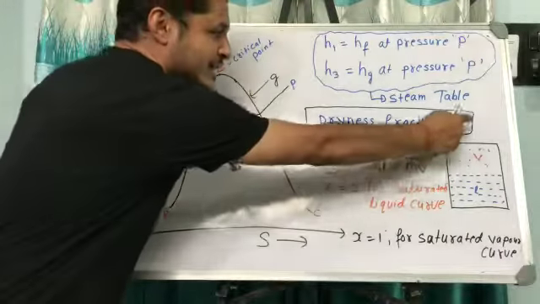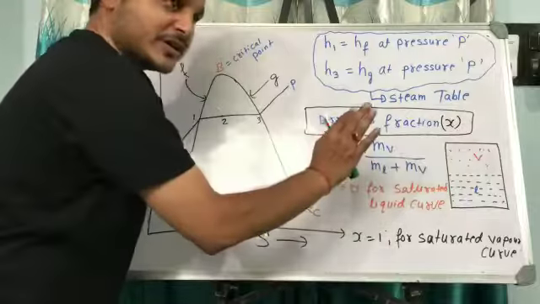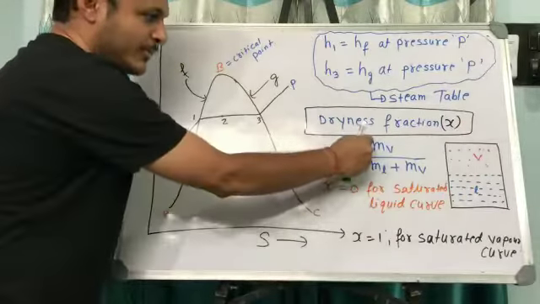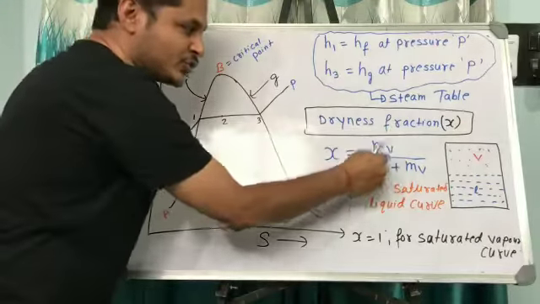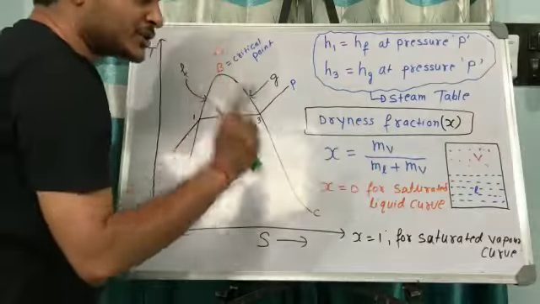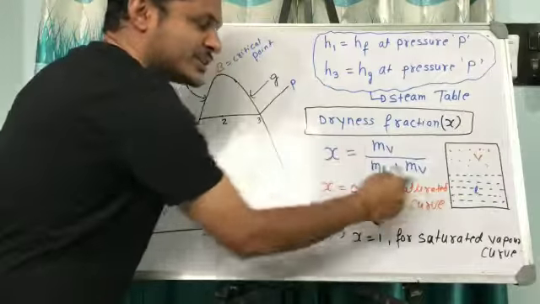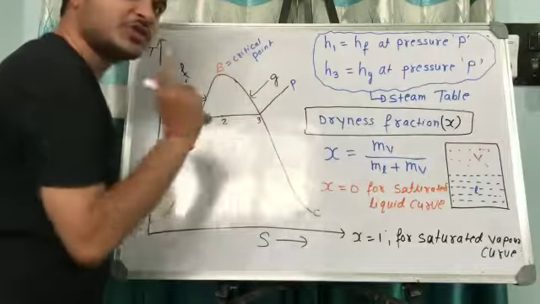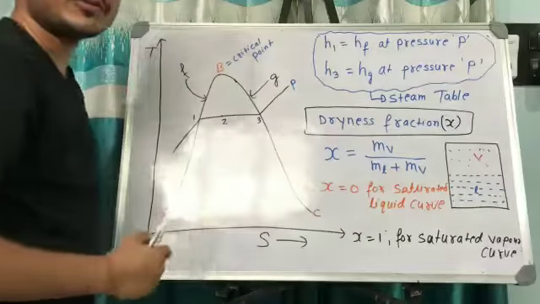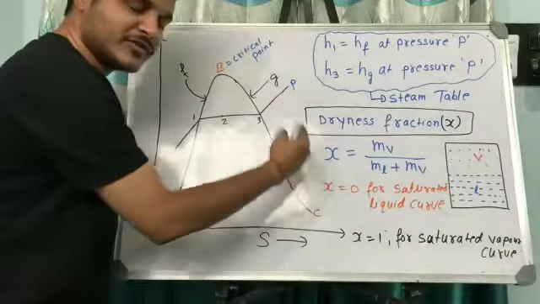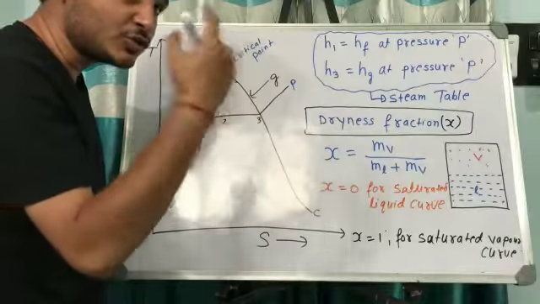Suppose this container contains all vapor, then X will be 1, because the mass of liquid is 0. Suppose this container contains all liquid, then X will be 0, because the mass of vapor is 0. So the value of X will vary from 0 to 1.